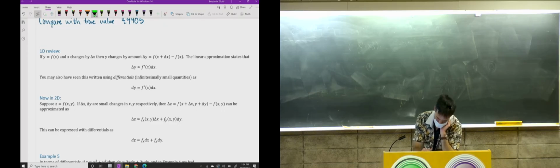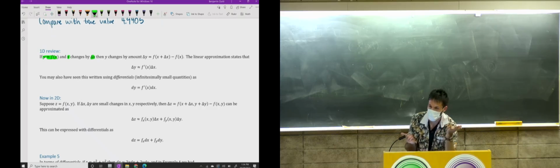So suppose that y is a function f of x. Suppose that x changes by a small amount, delta x. Well, then y is going to change a little bit as well.